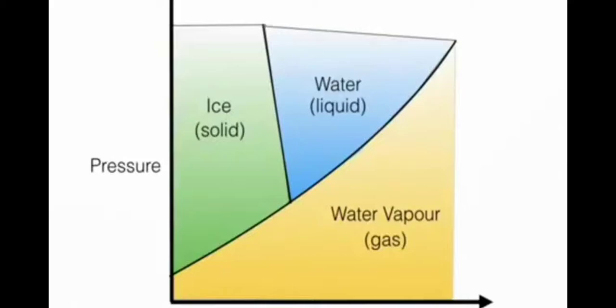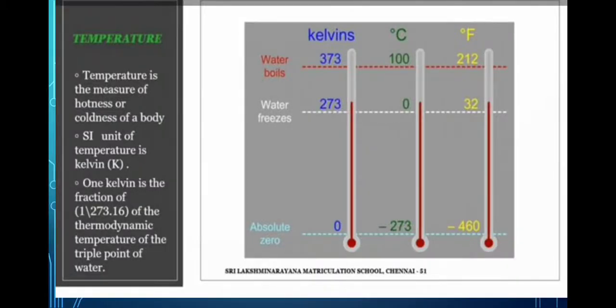That means at this point of pressure and temperature, we will get all these phases, and this point is called triple point. In this picture, 0 Kelvin is absolute 0. Water freezes at 273 Kelvin. Water boils at 373 Kelvin.